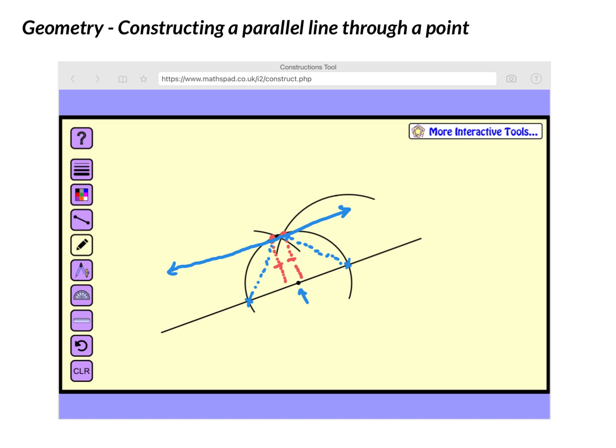And again, it all comes down to creating these triangles using the compass. And of course, the point of the compass is to ensure that all of these measurements are consistent, that they're all congruent to each other. So that is how we construct a parallel line through a given point.